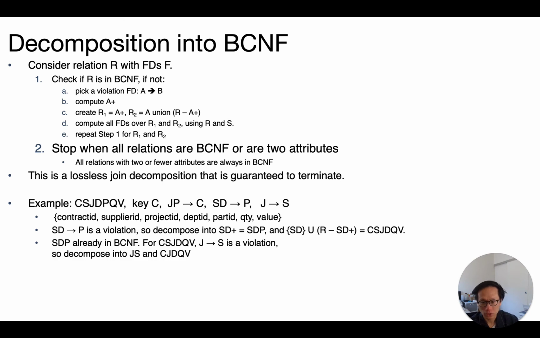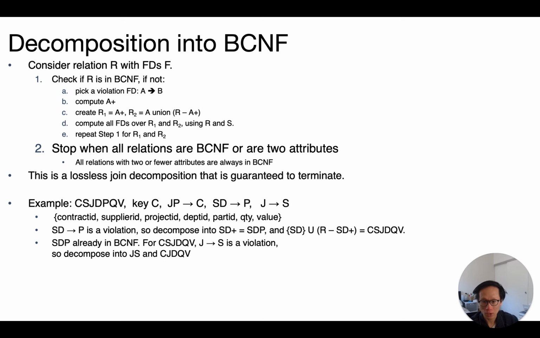Now, the relation SDP is already in BCNF, but the other one is not. Why? Because of the violation J determines S. So again, we'll decompose it into JS, the closure of J, and CJDQV, which means everything else union with J in this case.